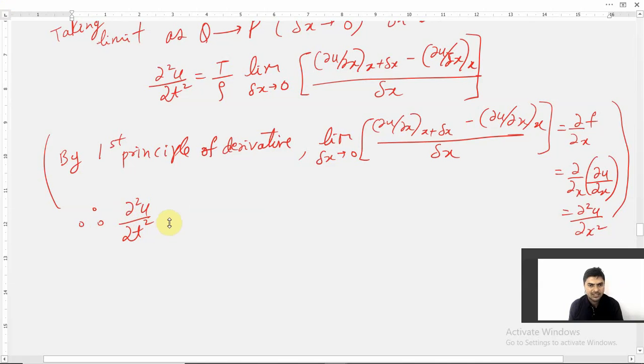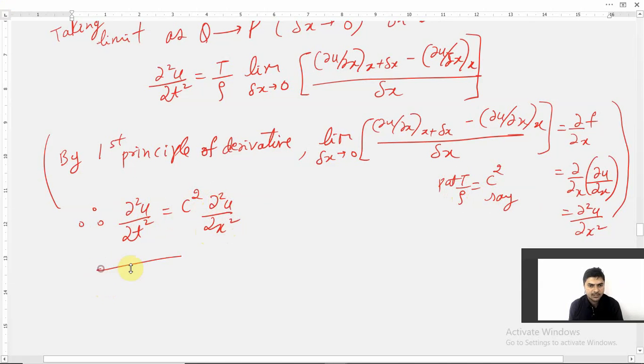Therefore, here I will get ∂²u/∂t² equal to T upon rho. I will put T upon rho. Some constant is there, so I will just mention this as a square. I am going to take this constant as c². Whatever limit is there, I am going to substitute this as ∂²u/∂x². Is it clear?